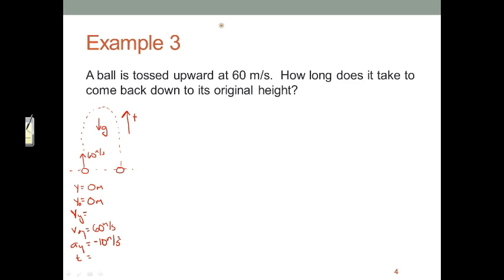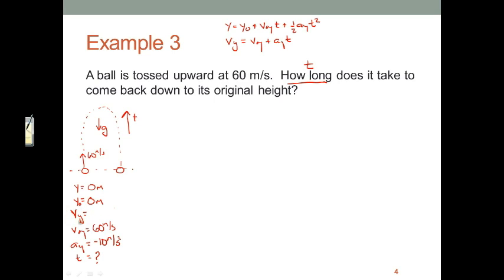I'm going to write up our constant acceleration equations. Okay, and really quick before we move on, let's look at the question. How long? How long is a question of time? So what I want to know is t.